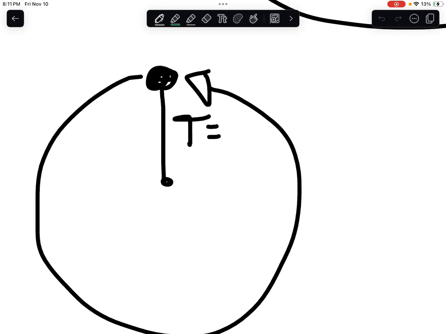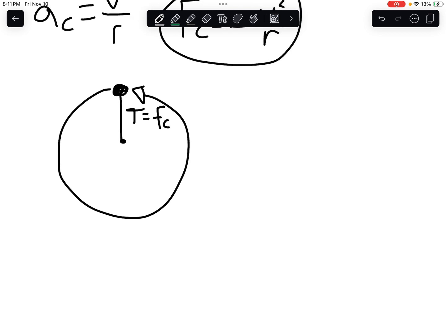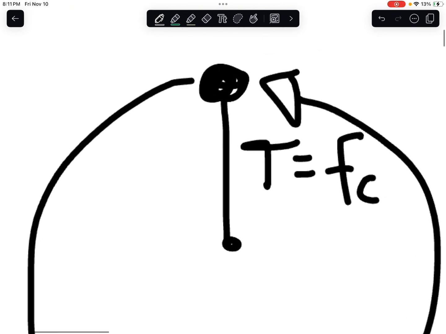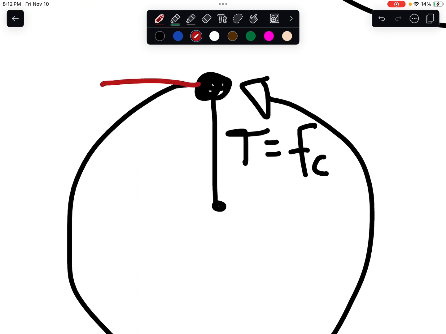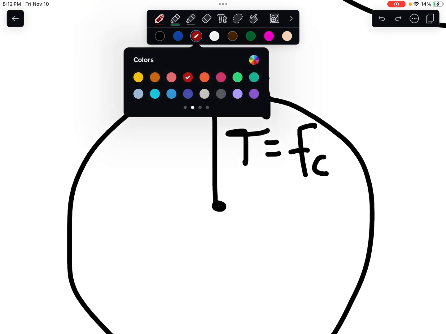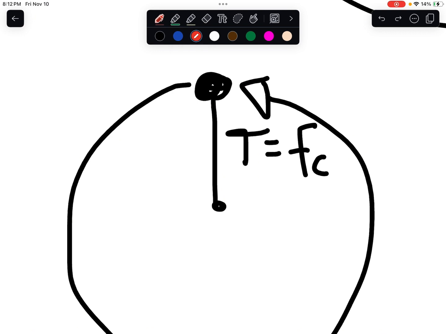So we can see that tension equals the centripetal force, right? Because that's what's keeping the object in the circle. Because we know that when something's traveling in a circle, its velocity, let me get a brighter red so you can see it, is going out of the circle, right?